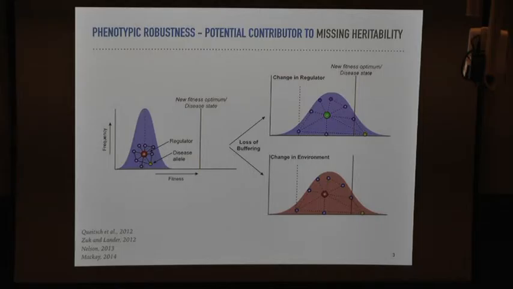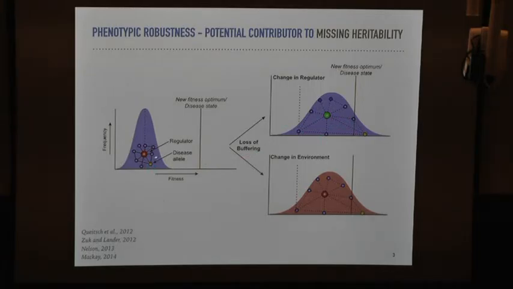Therefore, if one were to do mapping studies in these populations, even though the disease allele is present in both the control and the disease population, you would probably not identify these disease alleles as causal alleles for the disease, because they are present in both.